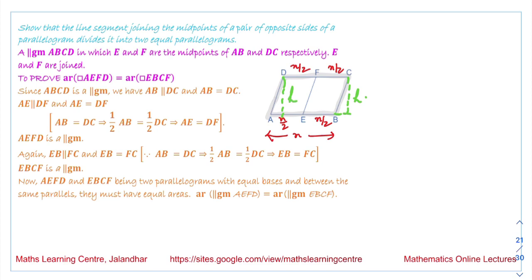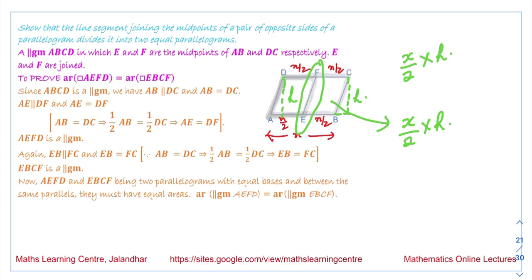So the area of this parallelogram AEFD will be x by 2 into h, base into height. The area of the other parallelogram will also be x by 2 into h, and both areas are equal. So the line drawn from the midpoints divides the parallelogram into two equal parts.